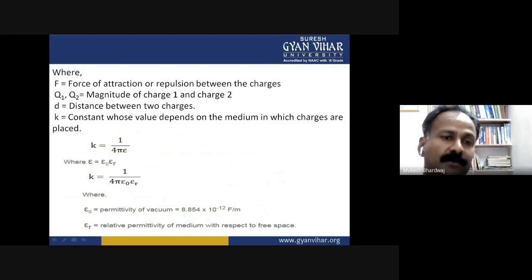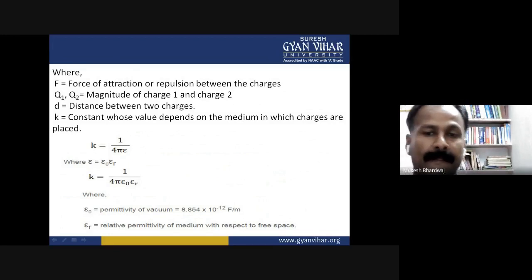Q1, Q2 are the magnitudes of charge first and charge second. d is the distance between the two charges. k equals the constant whose value depends on the medium in which the charges are placed, and k is given as 1 by 4 pi epsilon, where epsilon equals epsilon naught into epsilon r.